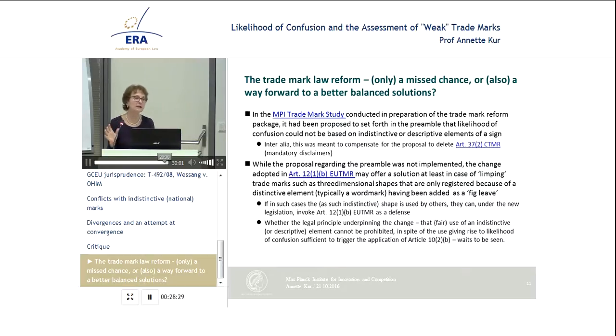If the golden bunny shape with the red bow and the bell, golden wrapper, is registered as a 3D shape mark because of the distinctive element that it has, namely the words Lindt & Sprüngli written on the flanks, then they can, of course, try to raise claims for infringement against somebody who just has a similar shape on the market without using the mark.